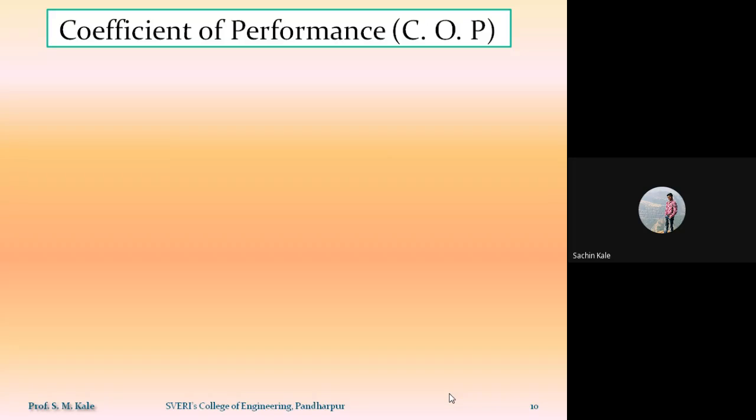Whenever we want to measure the performance of any refrigerating machine or air conditioning equipment, instead of the word efficiency we use coefficient of performance, which is similar to efficiency. It depends upon what we are getting after what we are paying to that machine.